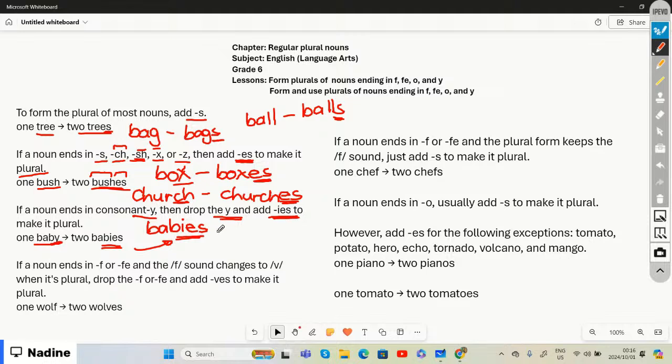The same with family. If you want to make mention of more than one family, remember we said we drop the Y. So here we have the word family. We drop the Y and we add IES to show that there's more than one: families.